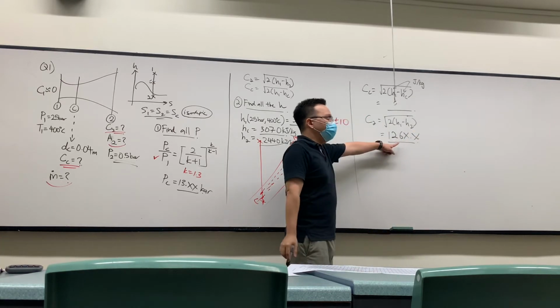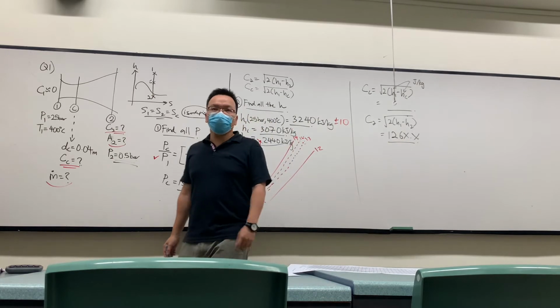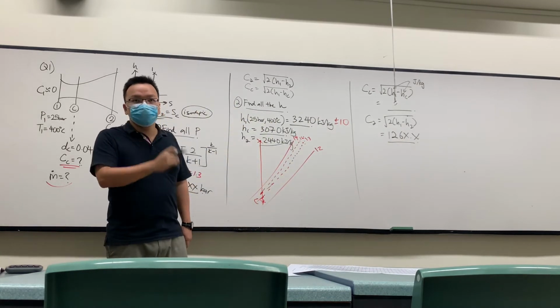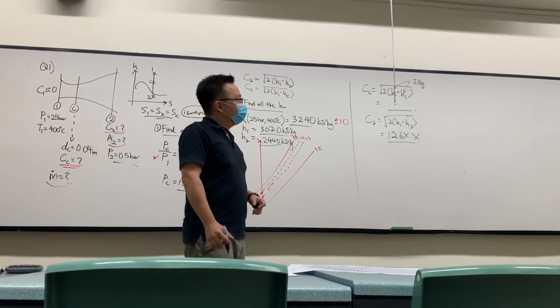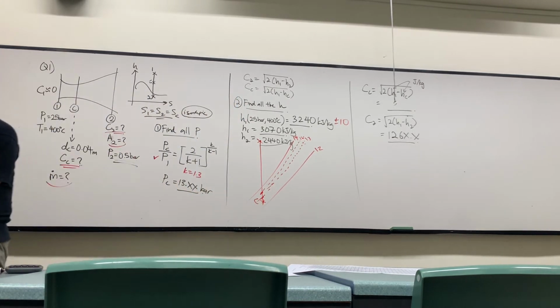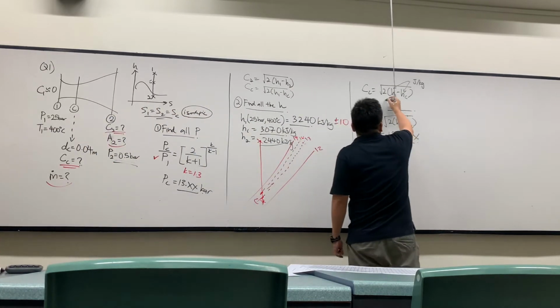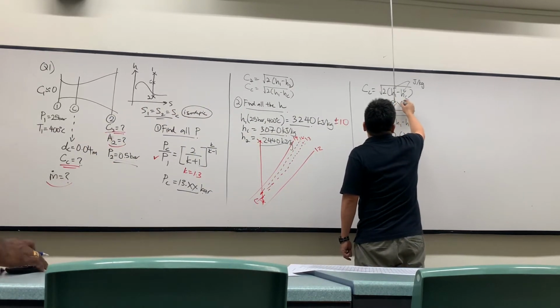Some of you will get 127 something, because your H value is different. C1 is 58 or 59, depending on your own value.